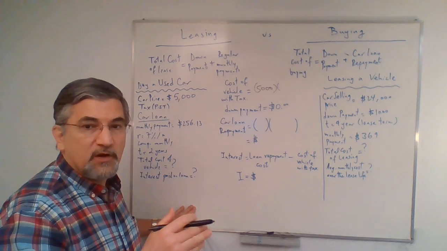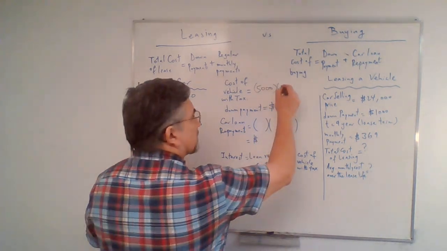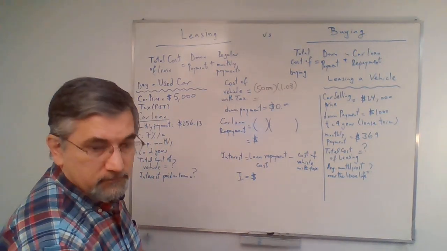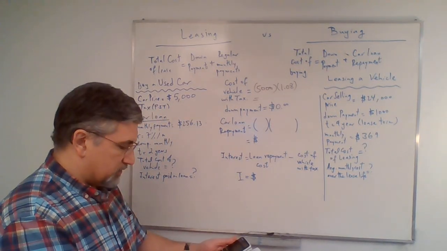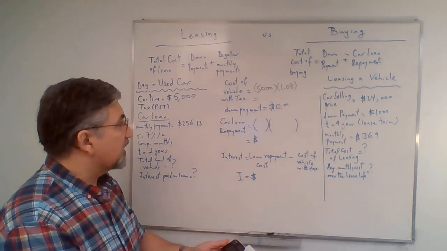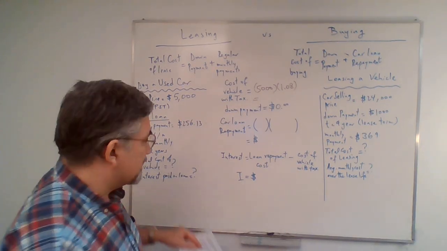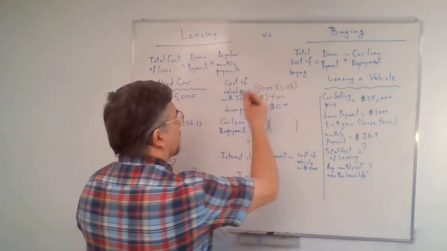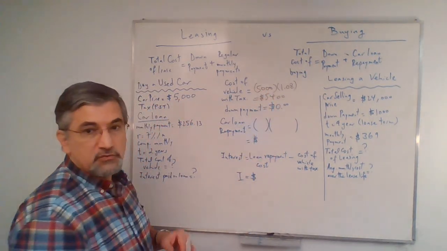I'm going to multiply by 1.08 because we're calculating 8%. Okay, so you can use your calculator and multiply 5,000 by 1.08. So that means $5,400.